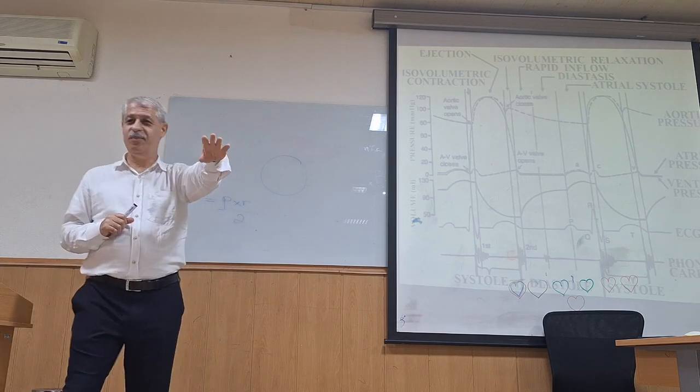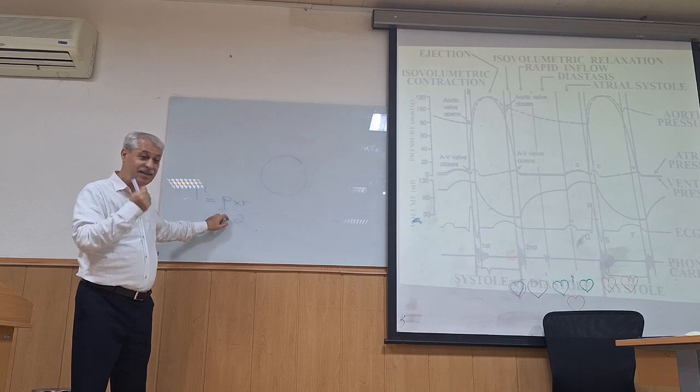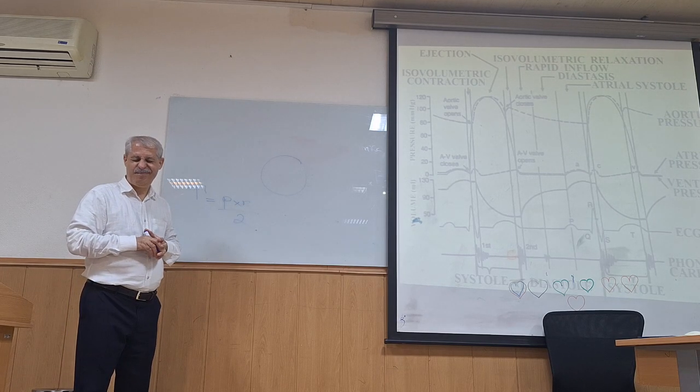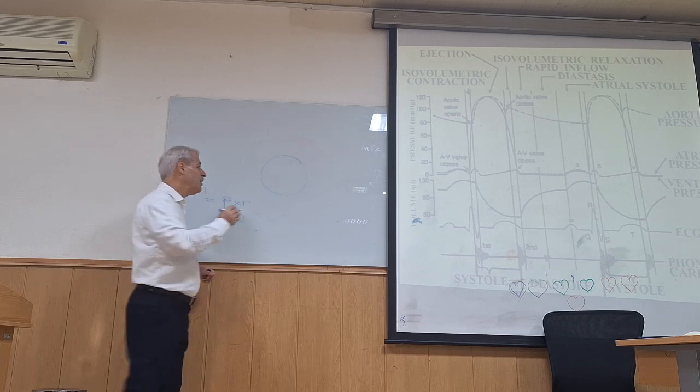One of you asked me a question. This is the answer. We have two types of hypertrophy, eccentric and concentric.